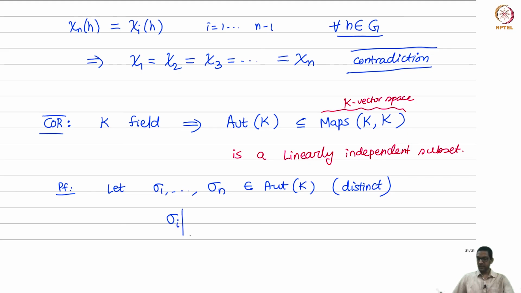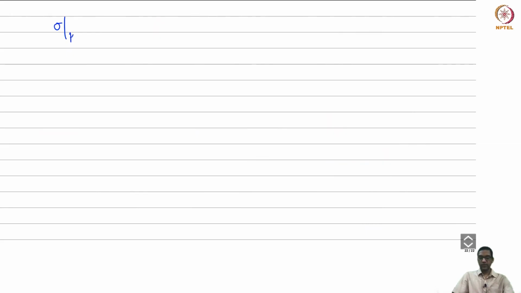So observe that each sigma_i I can think of as follows. I will restrict sigma_i to K minus 0. I will think of it as a homomorphism from the multiplicative group K cross to itself. So this is a group homomorphism. So if instead of sigma_i I look at sigma_i restricted to K cross, then this is a K-valued character of the group K cross.